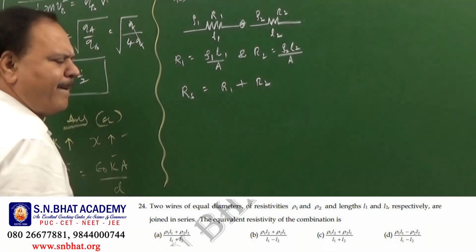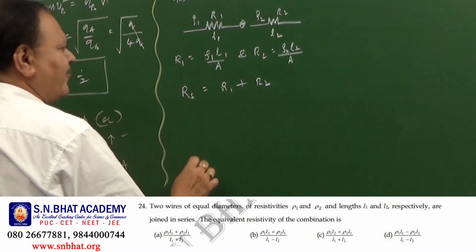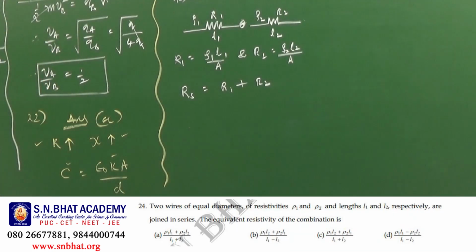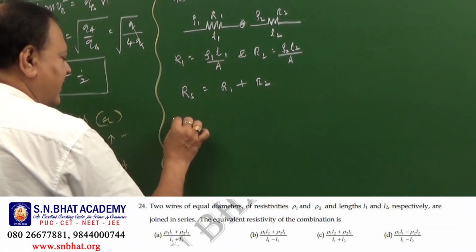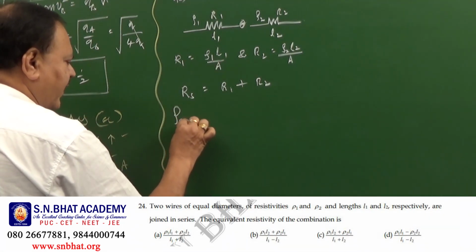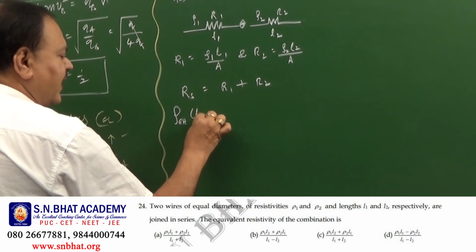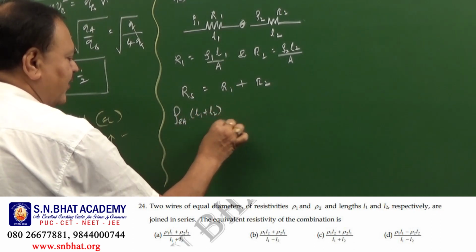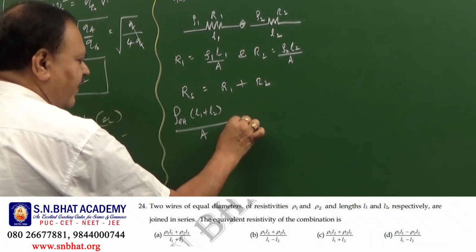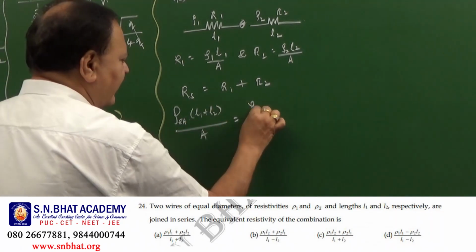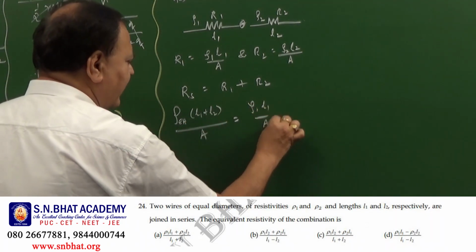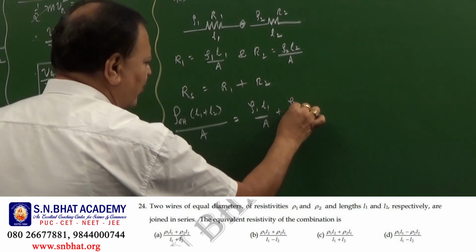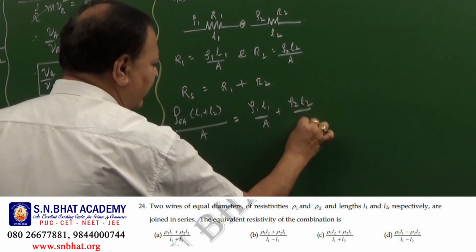Since they are in series, you apply the same generalized formula: rho effective into the length, which in series is L1 plus L2, and area is going to be the same. What is the value of R1? Rho 1 L1 divided by A. What is R2? Rho 2 L2 divided by A.